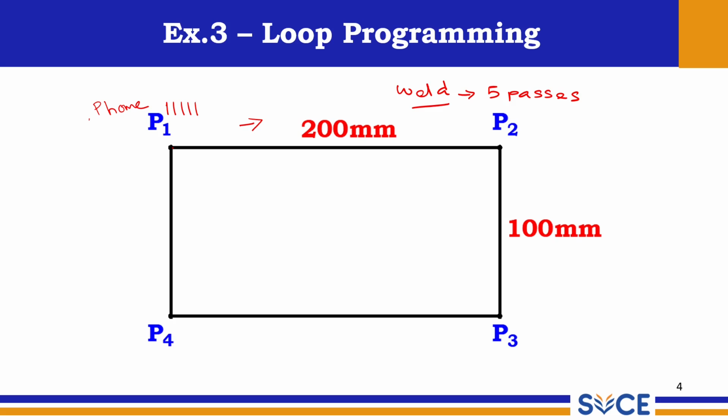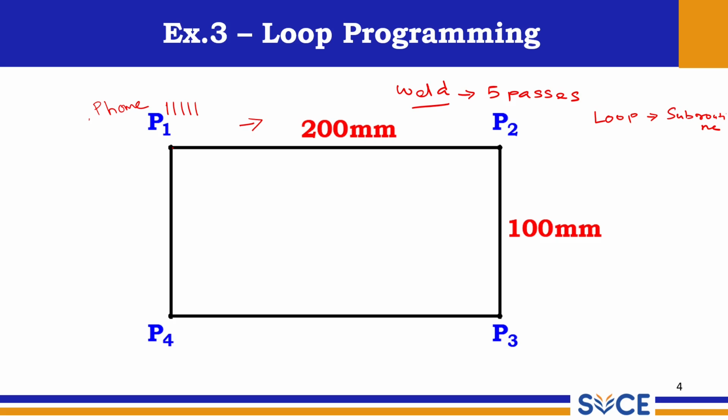In order to go ahead with a loop, some basic concepts are there. A loop is basically called a subprogram or a subroutine. What is it? A repeated task we are going to do for a finite number of times, say 5 times, 4 times, whatever the number of times we want.